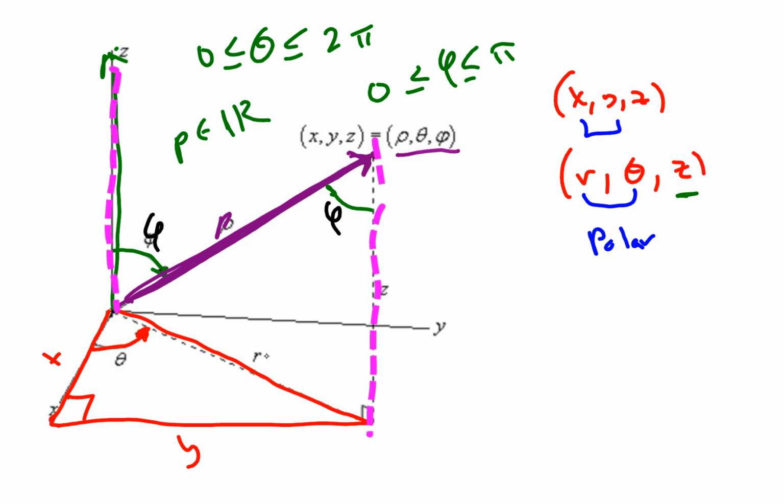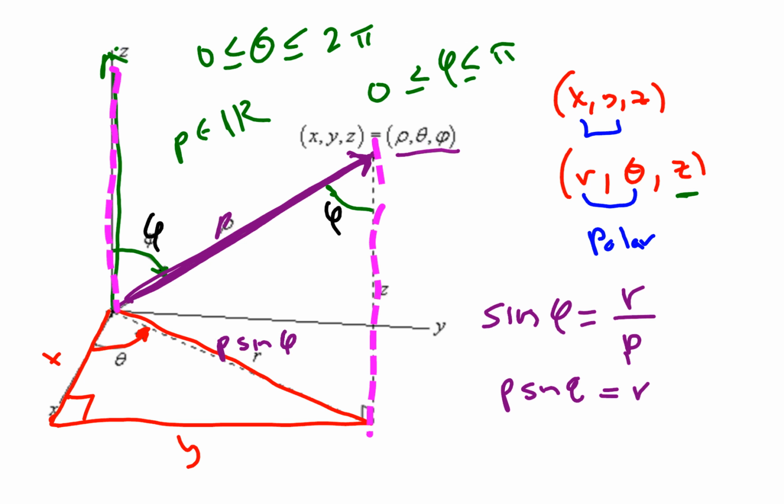So if we look at r, we see its opposite angle, phi. So I'm going to say that the sine of phi equals opposite r over hypotenuse rho. And then if we solve for r, we get rho sine phi is equal to r. So I'm going to put a little rho sine phi here.